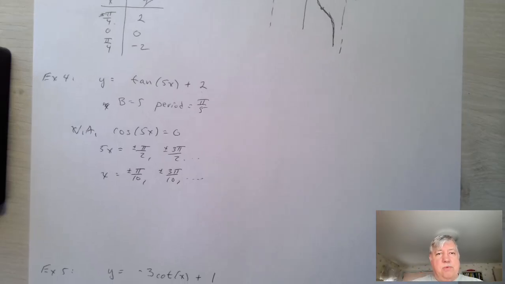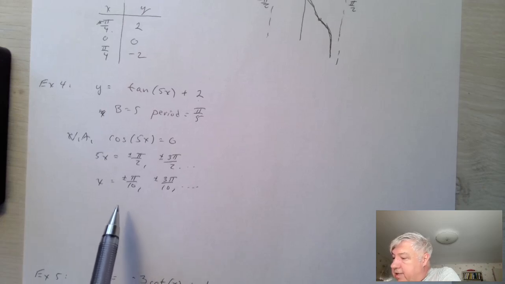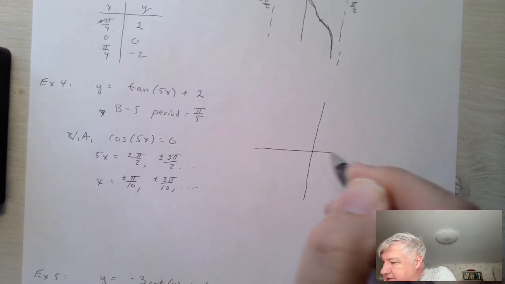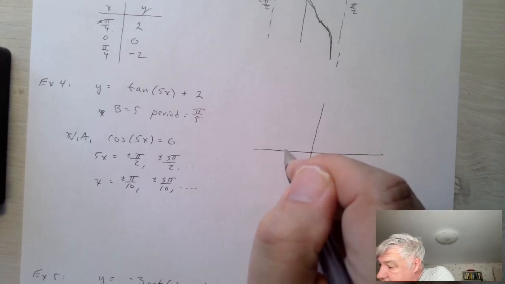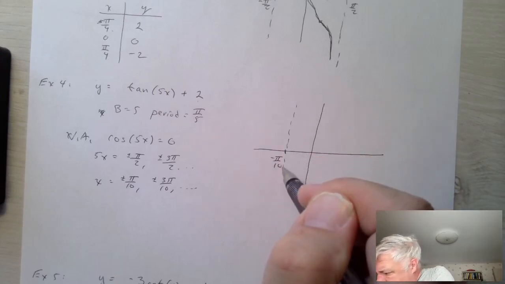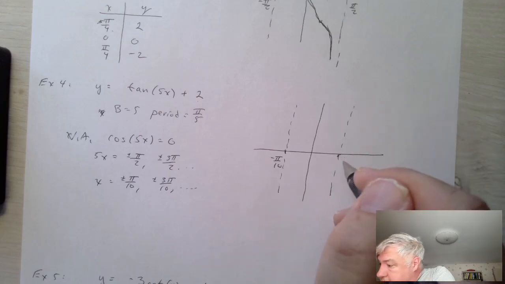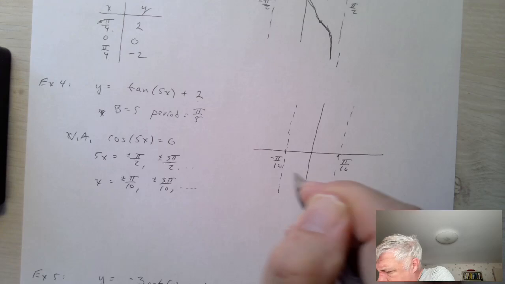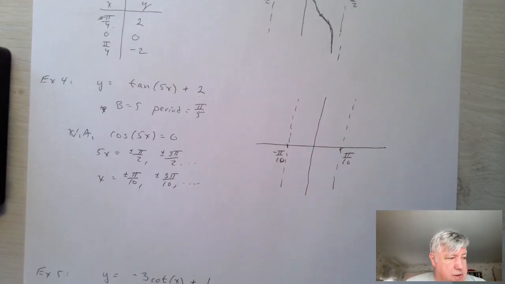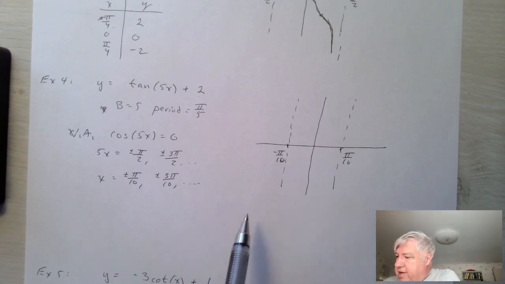All right, so those are going to be, we can just have negative pi over 10 and positive pi over 10. Okay, and the only difference is here.